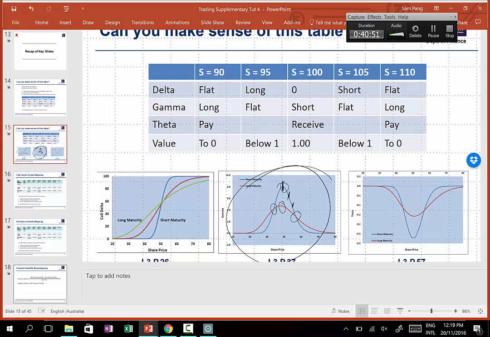Yes, Simon. How can I see where the break-even points are? Very good question. How can you see the break-even points?